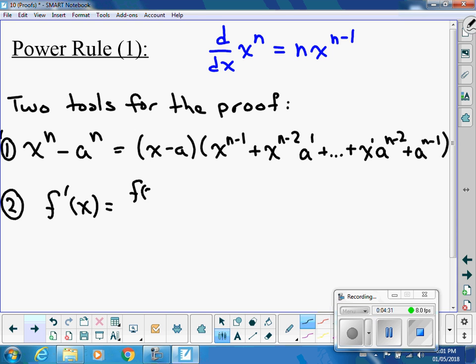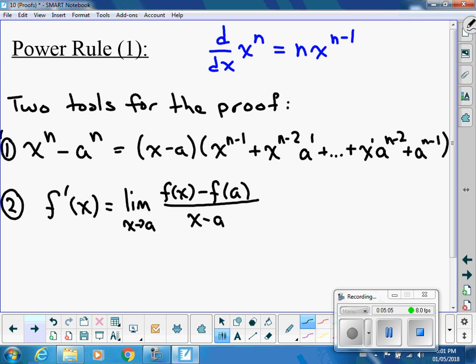So the derivative of a function is the limit as x goes to a of f of x minus f of a over x minus a.